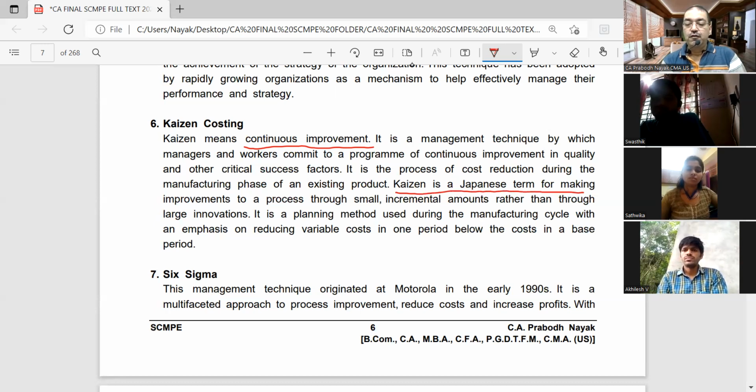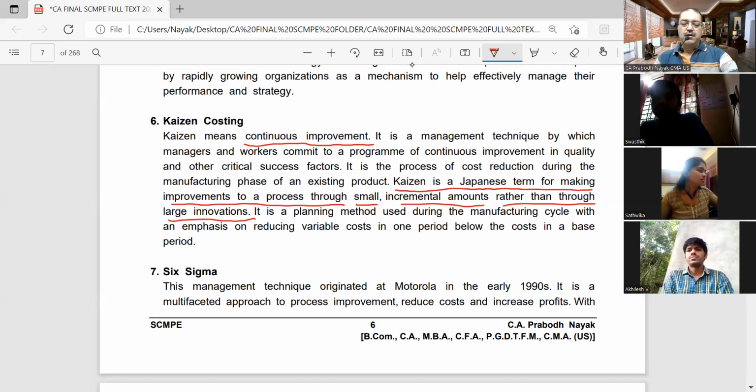Look at this. For making improvements to a process through small incremental amounts rather than through large innovations. That is Kaizen costing for it. Okay, so Kaizen means improvement, small improvement, continuous improvement over a period of time.